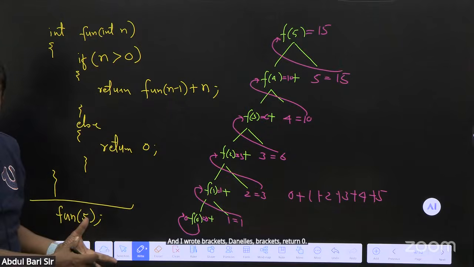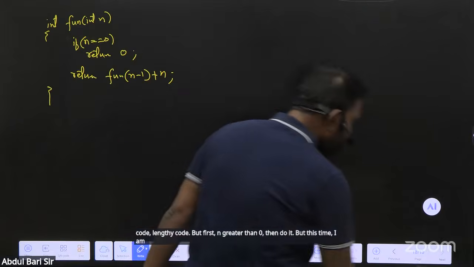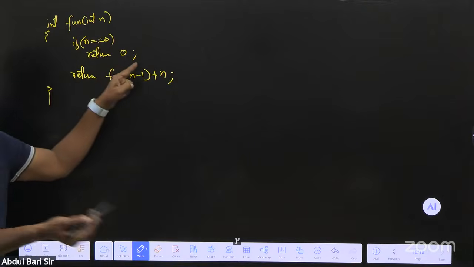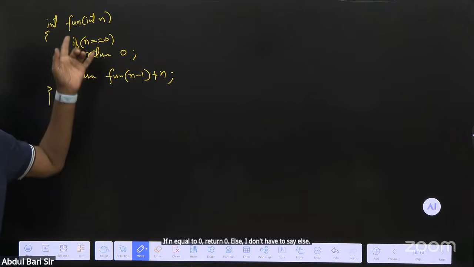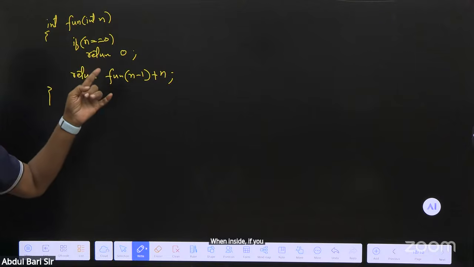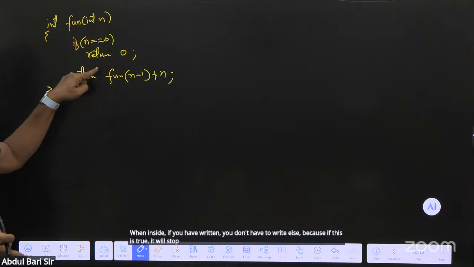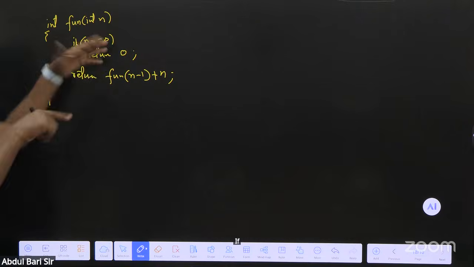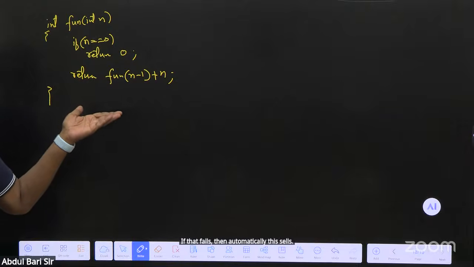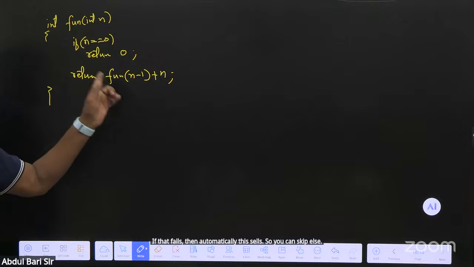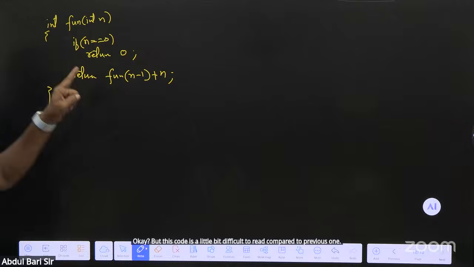Properly I had written the code, lengthy code. But this time I am saying, if n equals 0, return 0. Else, I don't have to say else. When you have written return inside the if, you don't have to write else. Because if this is true, it will stop here itself. It will not come here. If that fails, then automatically this is else. So you can skip else. Okay? But this code is a little bit difficult to read compared to the previous one. Right? Perfect?